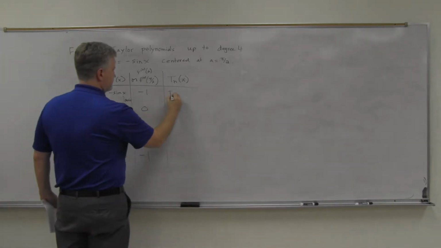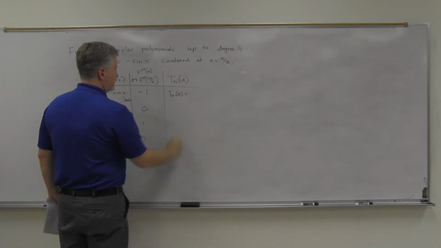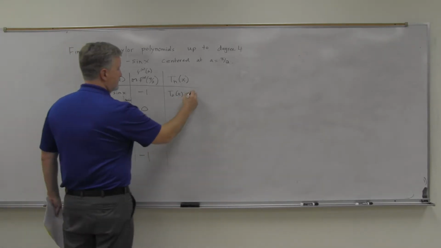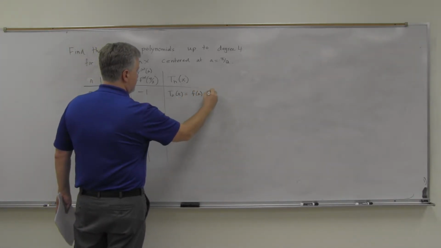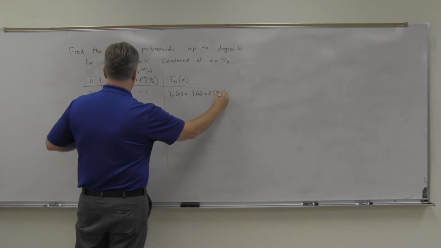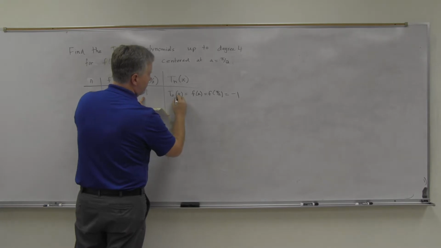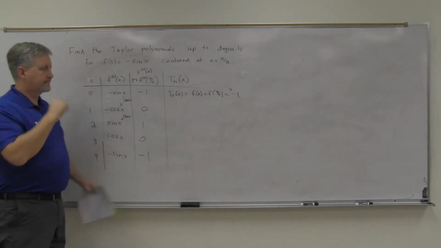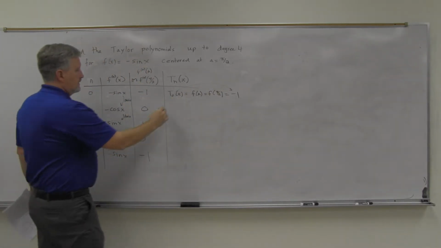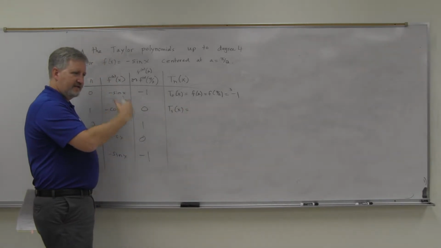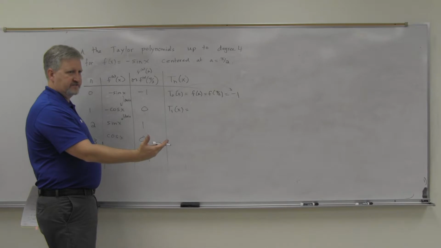So this would be T0 of x right here. T0 of x is just f evaluated at a, which in this case would be f evaluated at pi over 2, which we got right here, negative 1. So T0 of x is negative 1. T1 of x, well, that's the n equals 0 and n equals 1 terms. It's the partial sum.